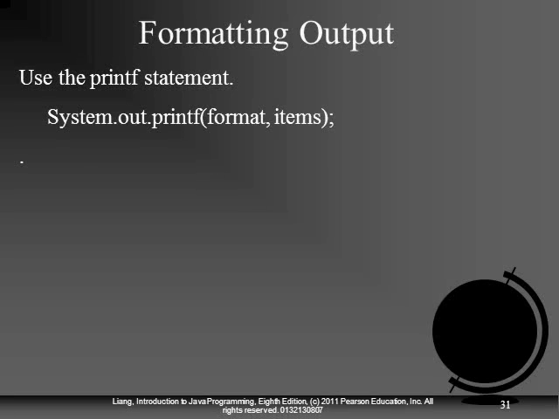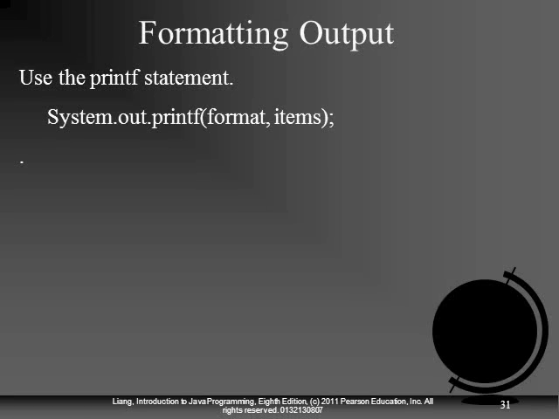enclosed in double quotes. Now, the format specifiers are placeholders in our output string, and they specify how each of the items following the format string should be displayed. Specifiers always begin with the % sign.